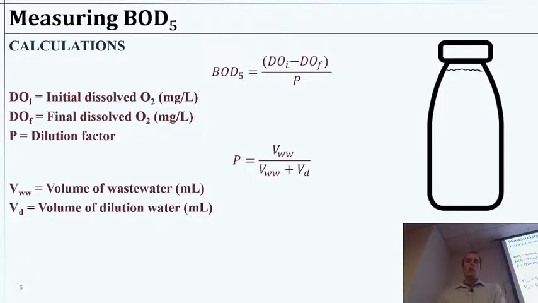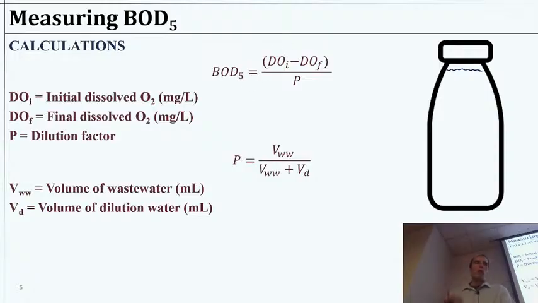Initial, we'll have some value for that. This will be the same as any water that's at saturation, at equilibrium with the atmosphere. However much can enter there from natural processes is going to enter there. That's going to be that 8 to 10 range. So we can find that, measure that, or be given that.